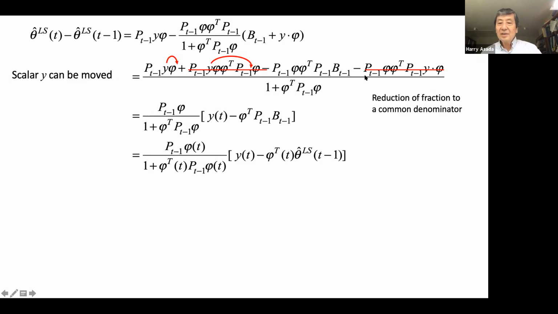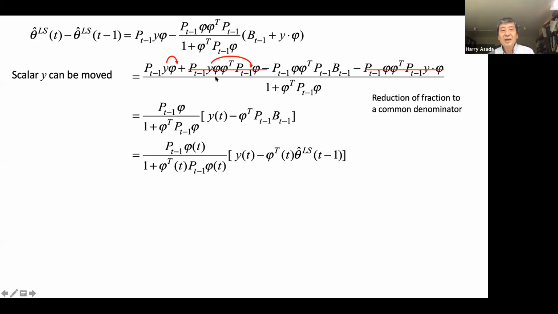Now, if you examine this term and this term, they are very close. The only difference is the location of y. But remember, we are dealing with a single output. The y is a scalar quantity. So a scalar quantity can be placed anywhere, right? So you can shift the y to this position, resulting in this expression, basically the same as this.